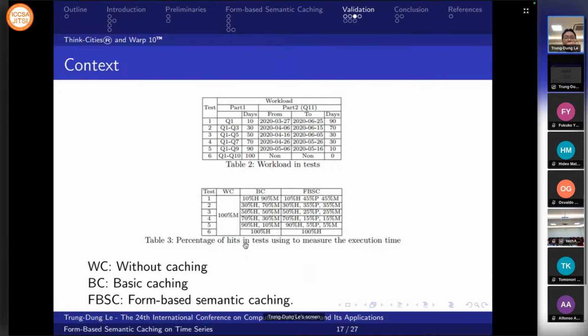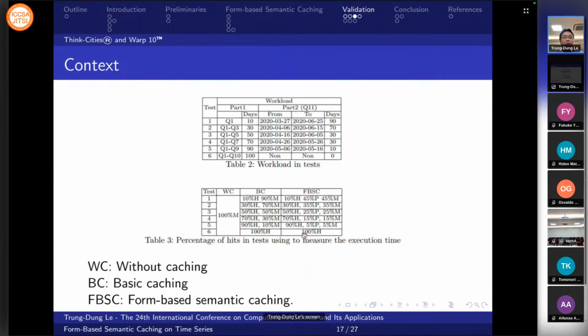In each test, we compare our methods with without caching and basic caching. Basic caching in test 1 already has 10% of the result from semantic caching, and 90% is from the distance server. But with the form-based semantic caching, we have 10% from semantic caching, but 45% we can still take from semantic caching, and 45% from the distance server.